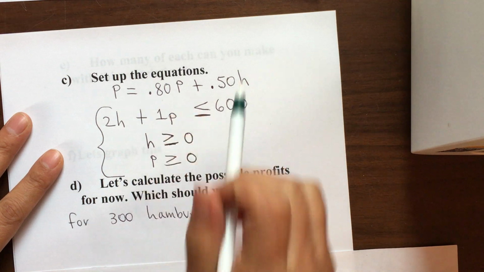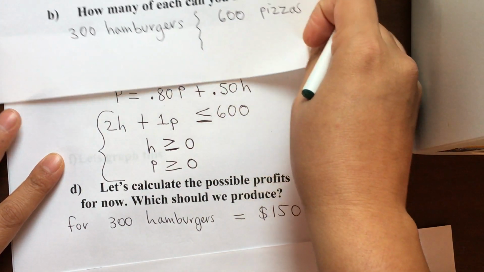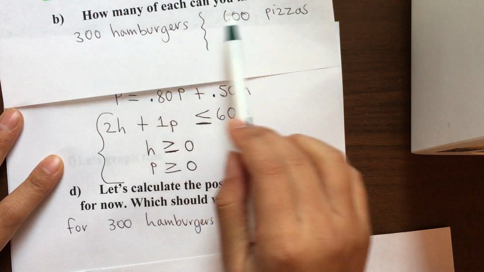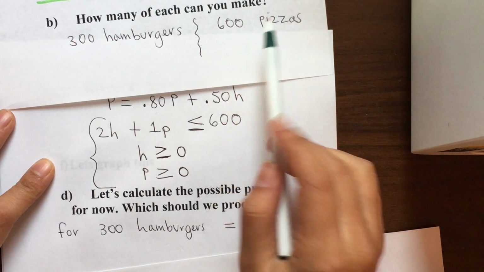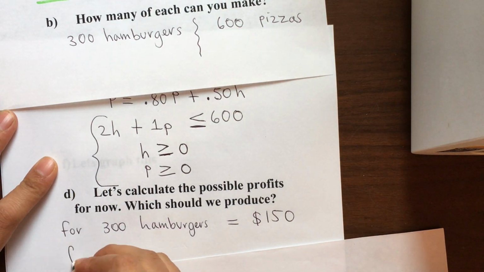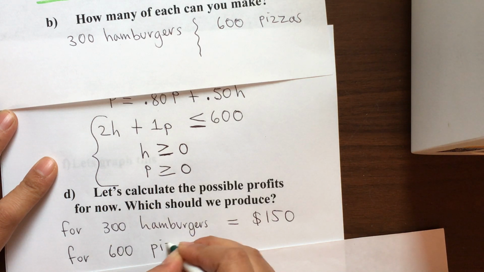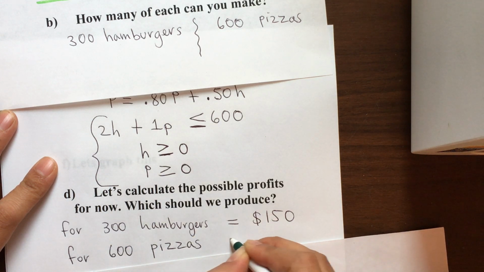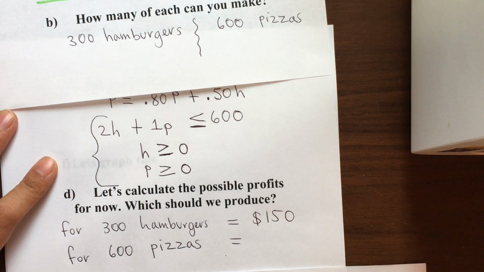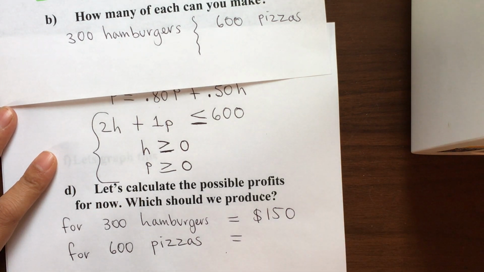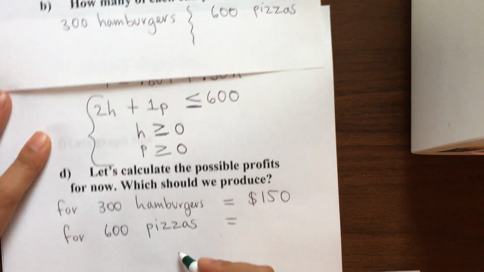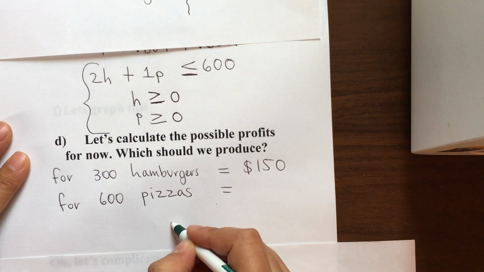Now, what if I decide not to produce the hamburgers, but instead I want to produce pizzas? How much would I make for the 600 pizzas? I'm going to show you so that you can review the decimals.